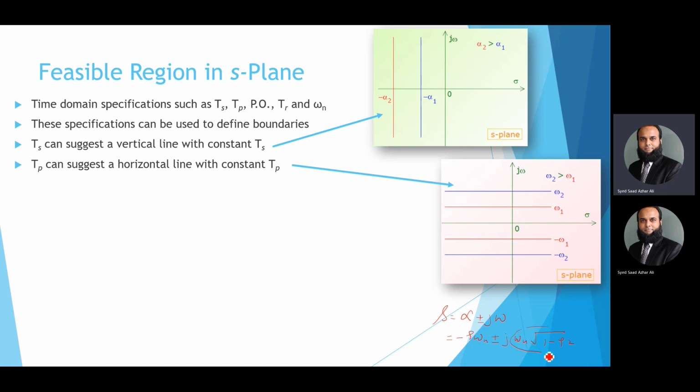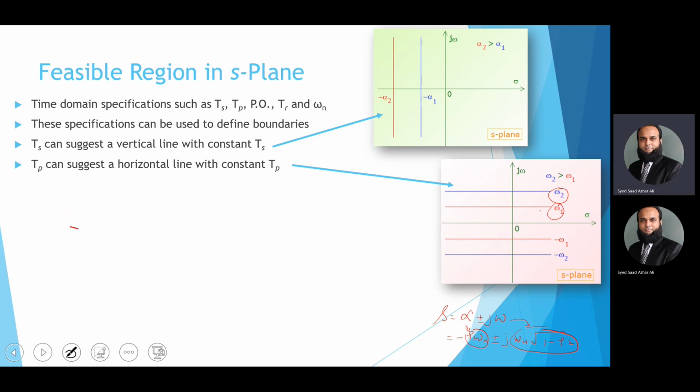So this is omega and this is omega n. You can see that this omega 1 is one of the peak time representatives, omega 2 is another. So all along this line, we'll have constant peak times.